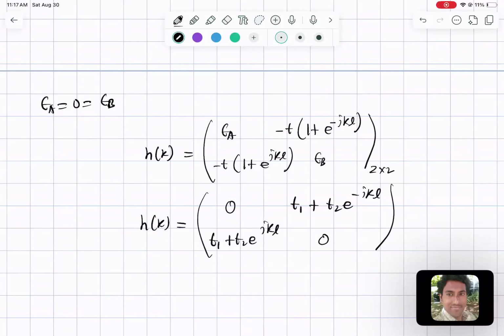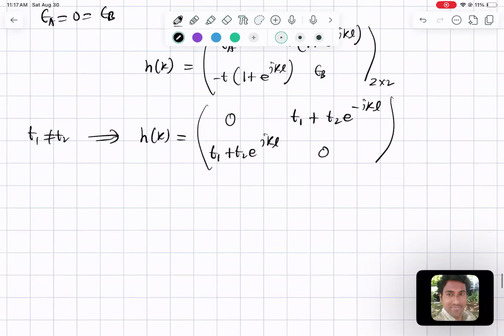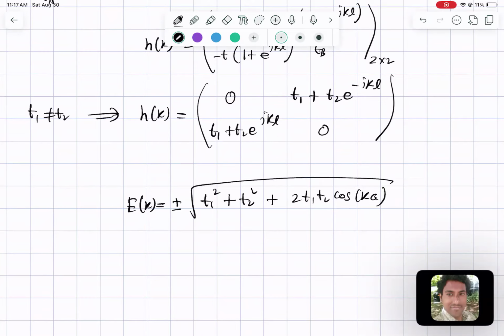That's it. T1 not equal to T2. That's the Hamiltonian for the SSH model. And the bands are like this: square root of T1 squared plus T2 squared plus 2 T1 T2 cosine Ka, and you have plus minus.